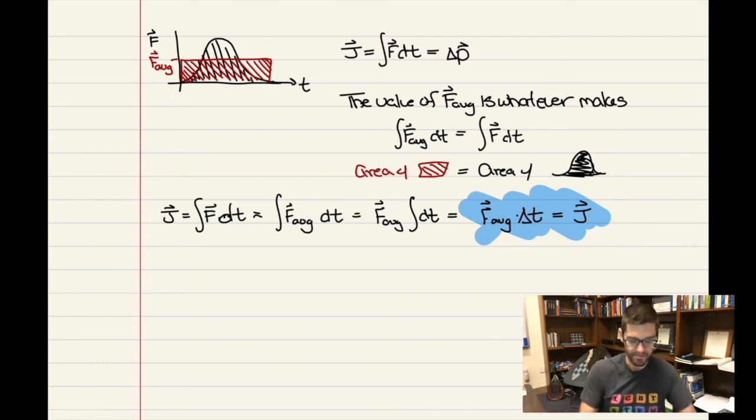This is an approximation, but it's an incredibly useful one, and not a bad one either. You might think, you just spent a good chunk of lecture talking about how this is this weird, complicated function, and now you're just essentially throwing all of that away and saying, let's just pretend it's a rectangle. And I claim that's okay for collisions, because remember, this is happening over an incredibly small amount of time.